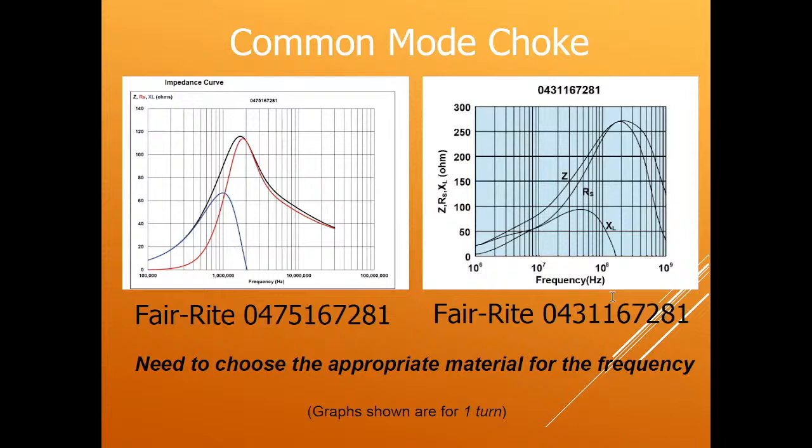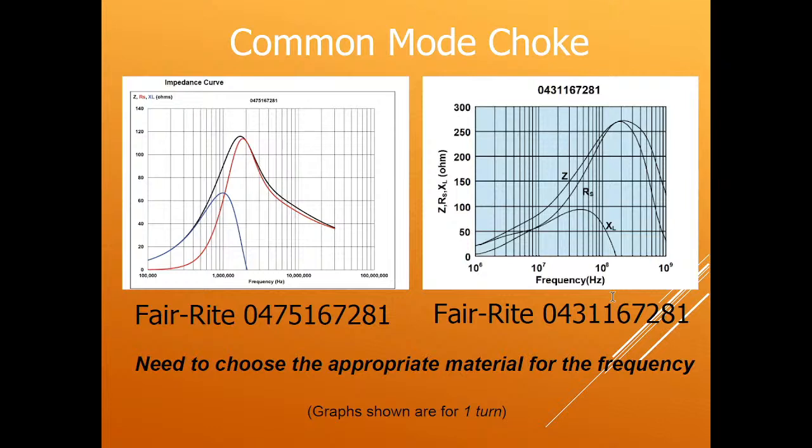If we put two turns through that core, we know that the inductance goes as the square of the number of turns. And so we would get a lot more inductance, a lot more inductive reactance if we put more turns on the core. And sometimes in the data sheets on the web, they'll show you curves for 1 turn, 2 turns, 3 turns, and so forth like that.